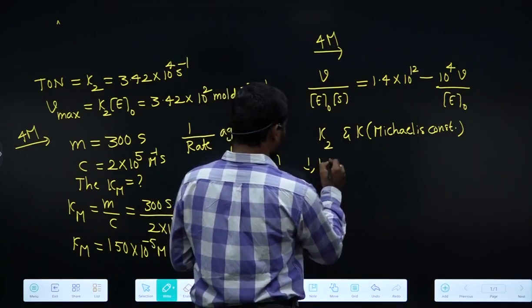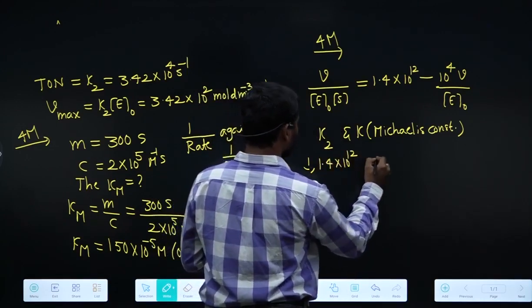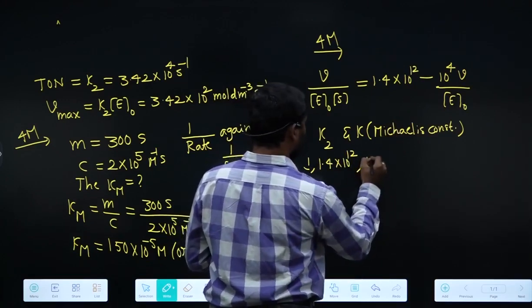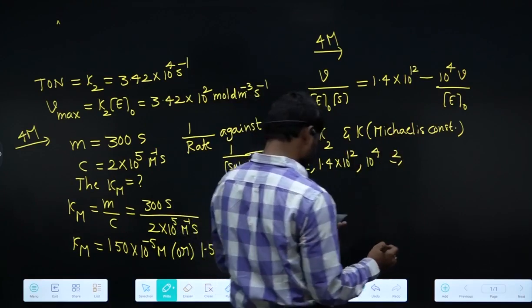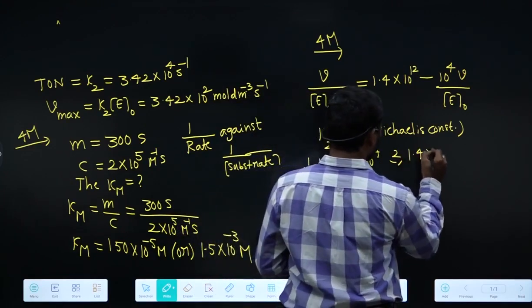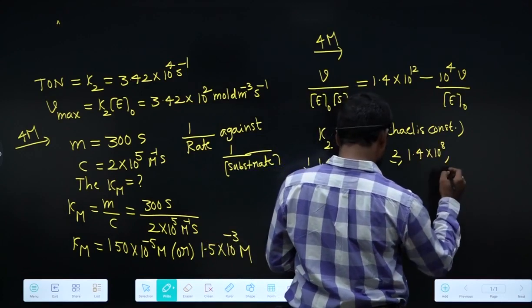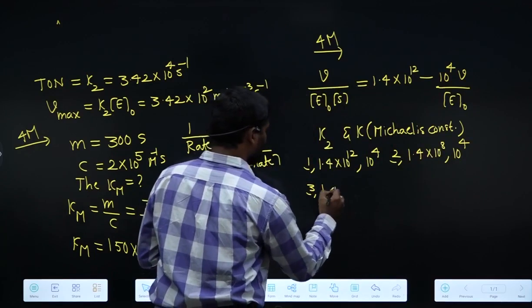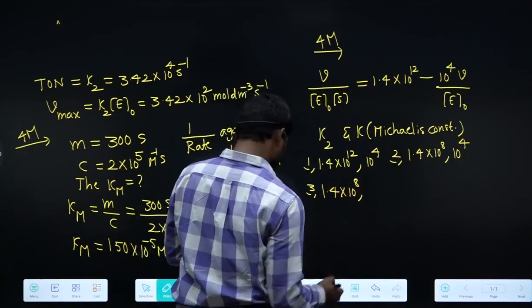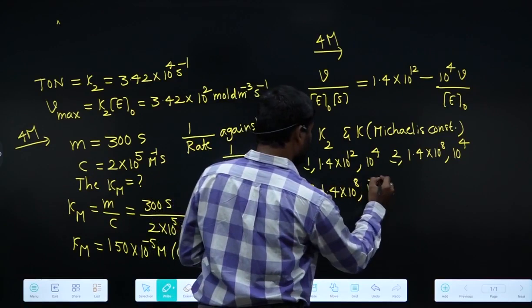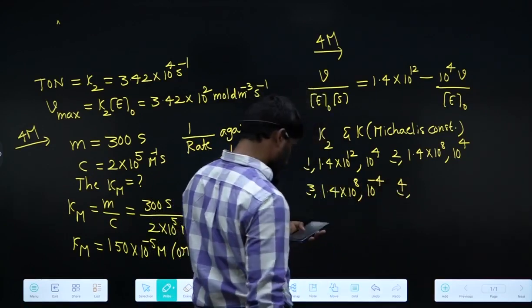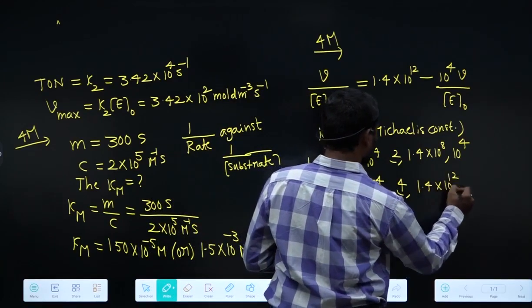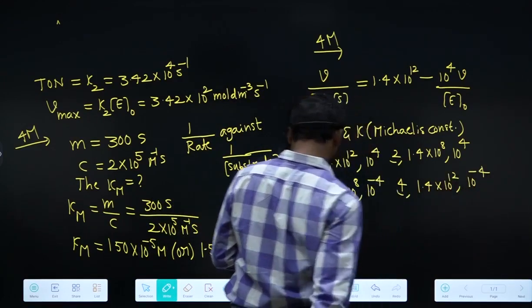Options: 1.4 into 10 power 12, 10 power 4; 1.4 into 10 power 8, 10 power 4; 1.4 into 10 power 8, 10 power minus 4; 1.4 into 10 power 12, 10 power minus 4.